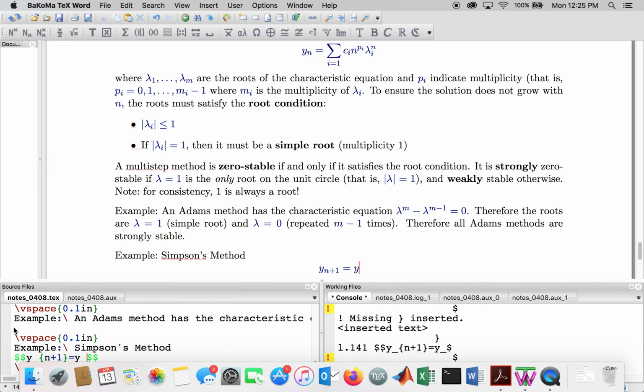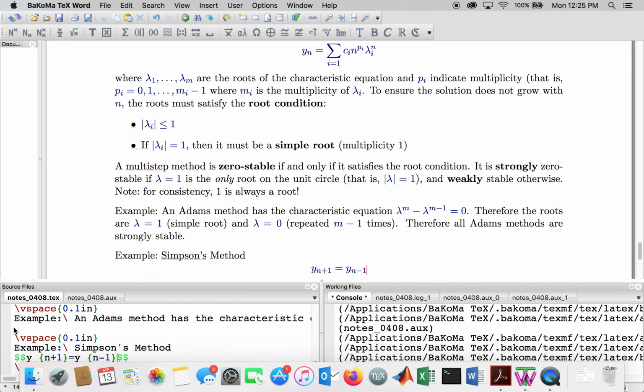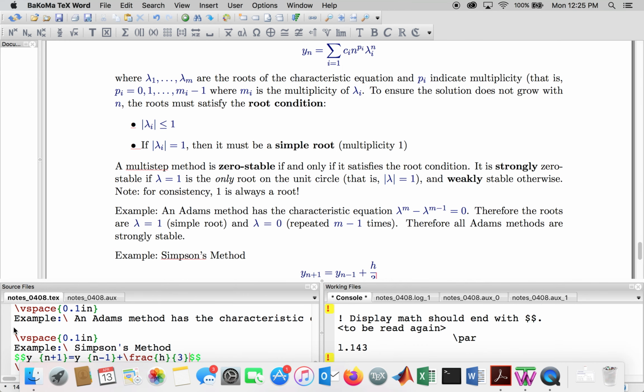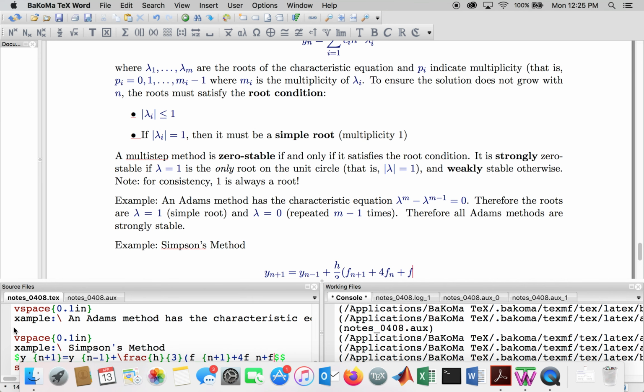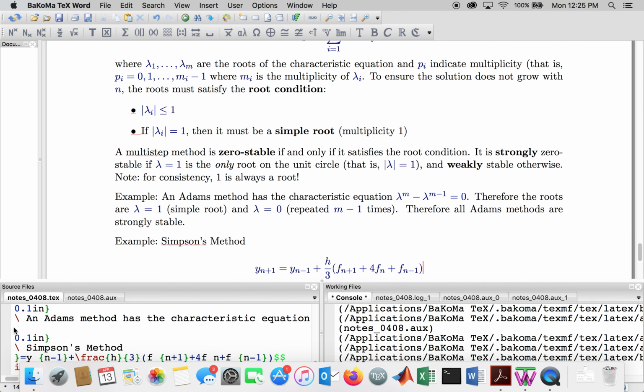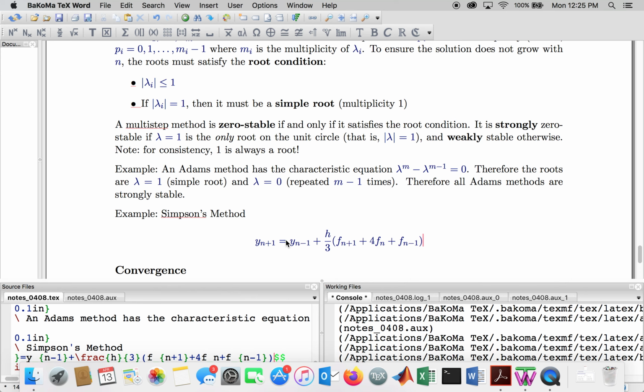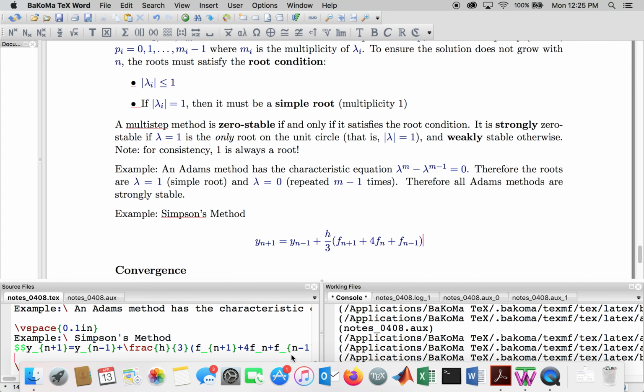It is not an Adams method, because notice I have yn plus 1 equals yn minus 1 plus the other terms. And it's not a BDF either, because a BDF would only have one beta on its right side, a beta 0, but this has other beta values. So it's neither Adams nor BDF. It has the characteristic equation.